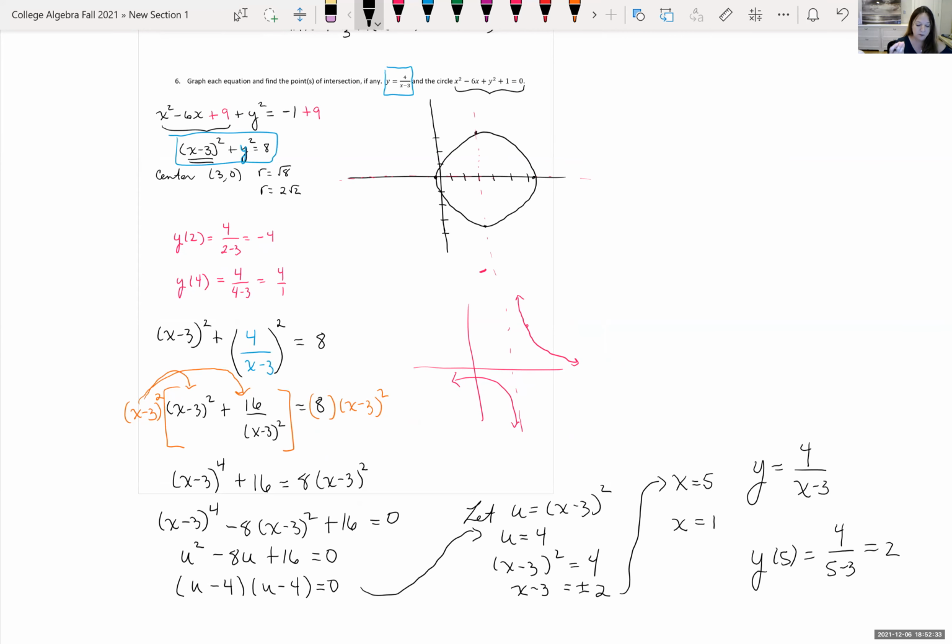Okay, so I know I have a point at 5, 2. My graph is not good. Okay, right here, 5, 2. And again, I know what my graph looks like on that side, so it's going to look like this.